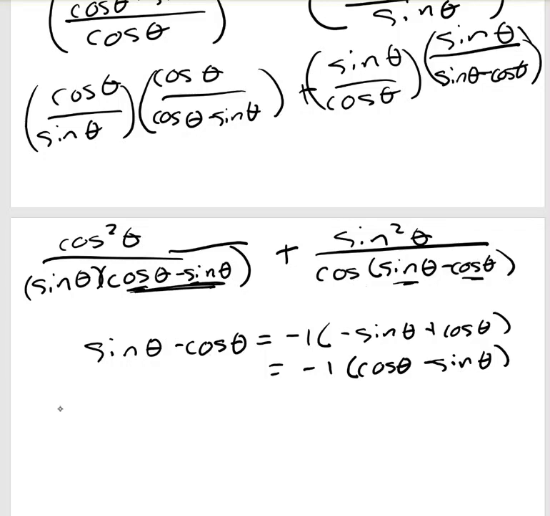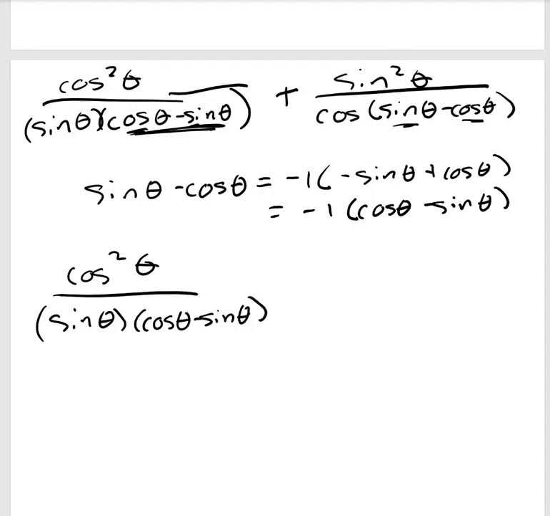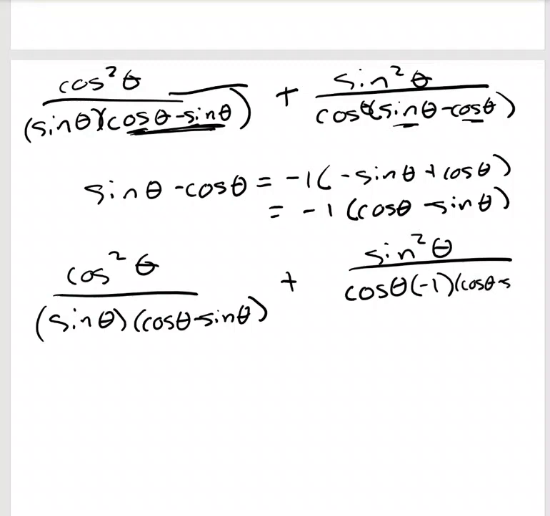If I do that, this is cosine squared over sine theta, then I have cosine theta minus sine theta plus, here's sine squared, still have cosine theta. Now I have the -1 and I can write it as cosine theta minus sine theta. You could move this negative up to the top or in between, but somehow we want to make that minus in between.